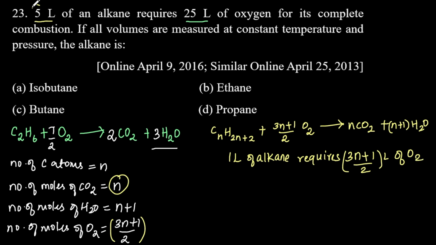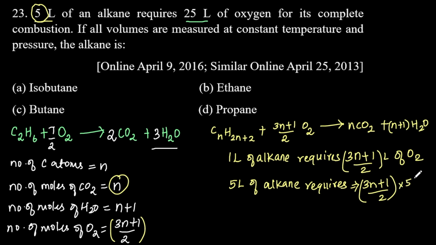Therefore, 5 liters of alkane requires, we can just multiply this (3n plus 1) by 2 by 5. So the amount of oxygen required is (3n plus 1) by 2 into 5 liters.